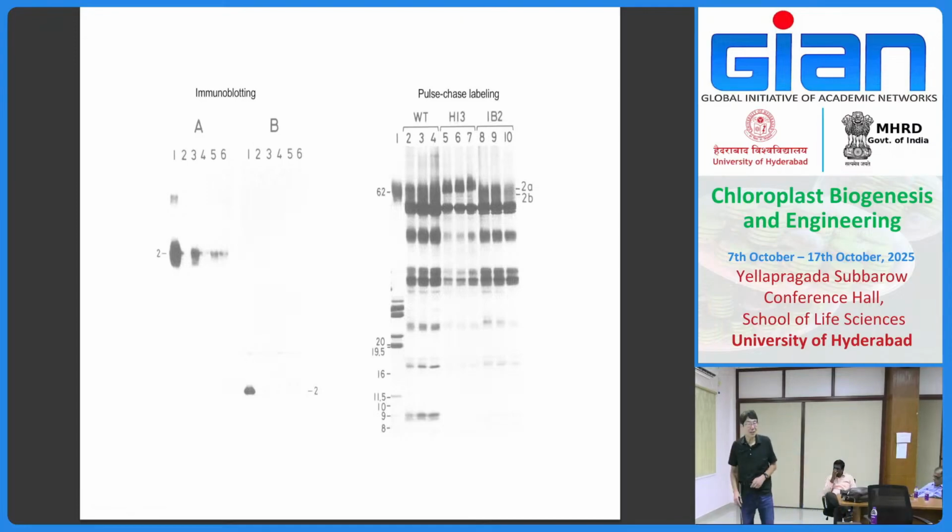Then we tested by immunoblotting analysis. At that time, the sensitivity of immunoblotting was not so high because we didn't have the enhanced chemiluminescence ECL method. At that time, we didn't know ECL.